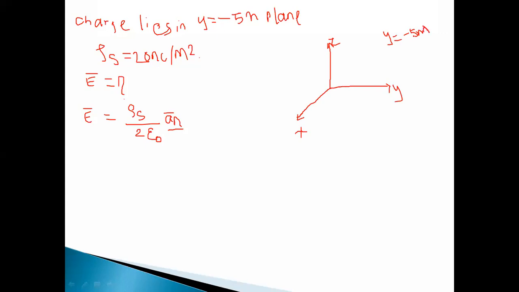On the positive y-axis or on the negative y-axis? Negative y-axis, correct. So on that negative y-axis this plane is located at the point y is equal to minus 5.